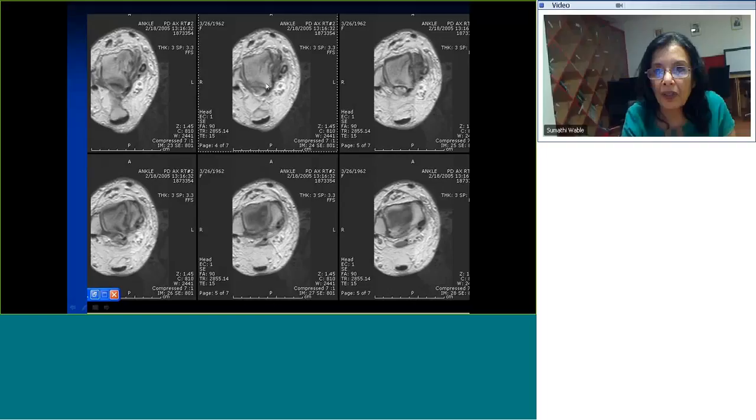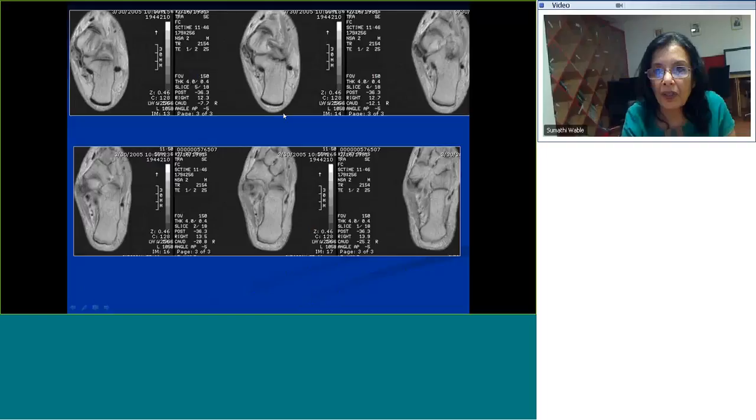You can see two tendons instead of one, with a longitudinal split of the posterior tibial tendon. You can see thickening, and of course sometimes you can see complete tear of the tibialis posterior tendon.